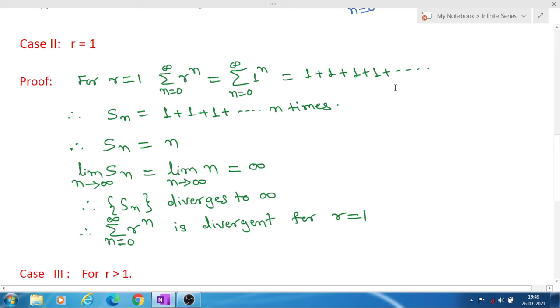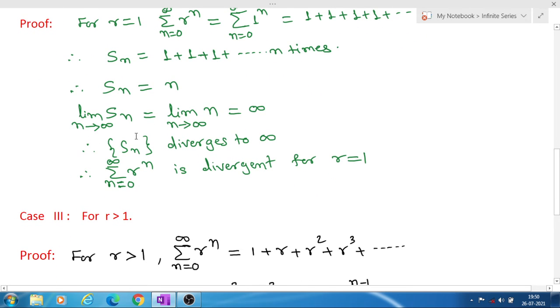So 1 plus 1 plus 1 plus dash dash. This is our series. Now here Sn becomes 1 plus 1 plus 1 up to the nth term, n times, so this sum is equal to n. So Sn is equal to n.